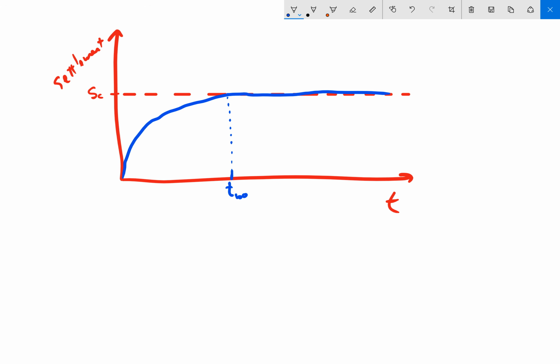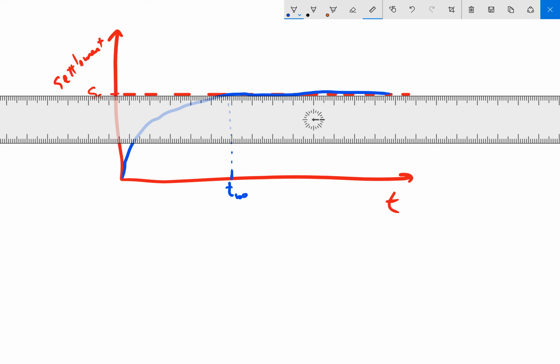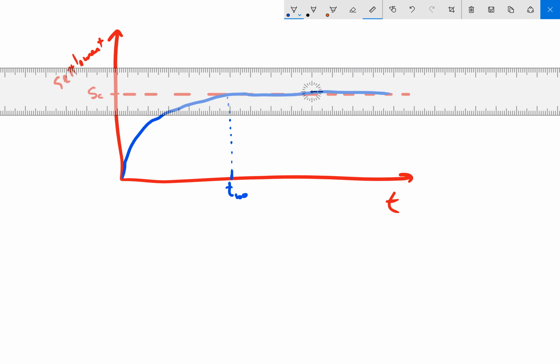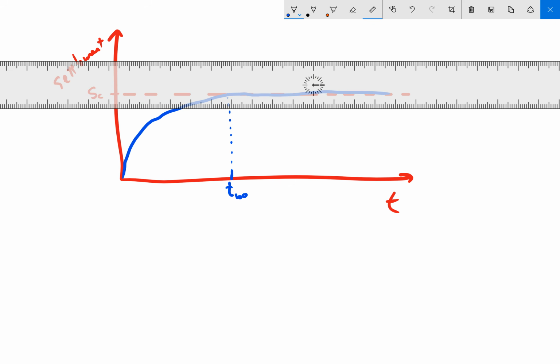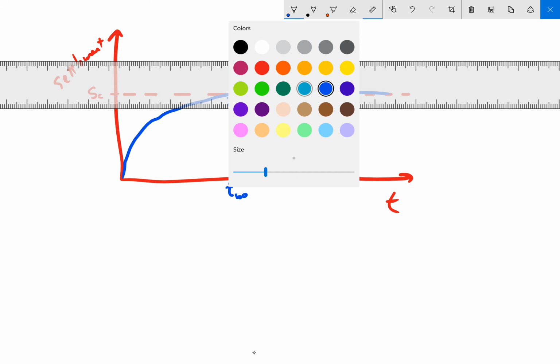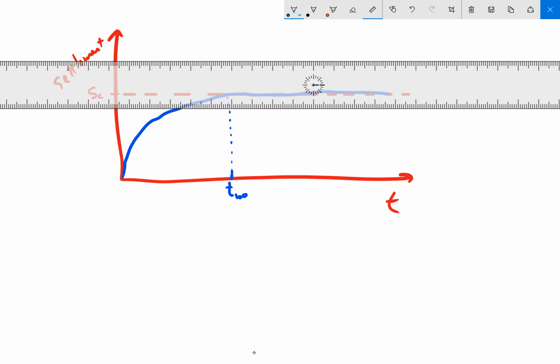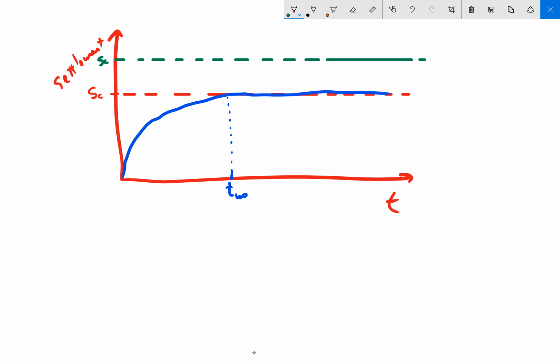Okay, so here's the idea behind surcharge. If I have surcharge, what if with the surcharge I predicted that, say, this amount of settlement right there was going to be my primary consolidation settlement with surcharge.